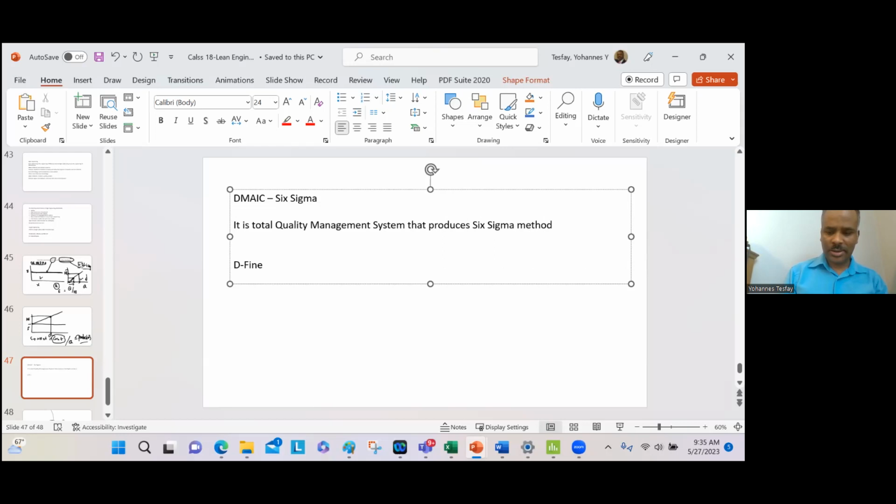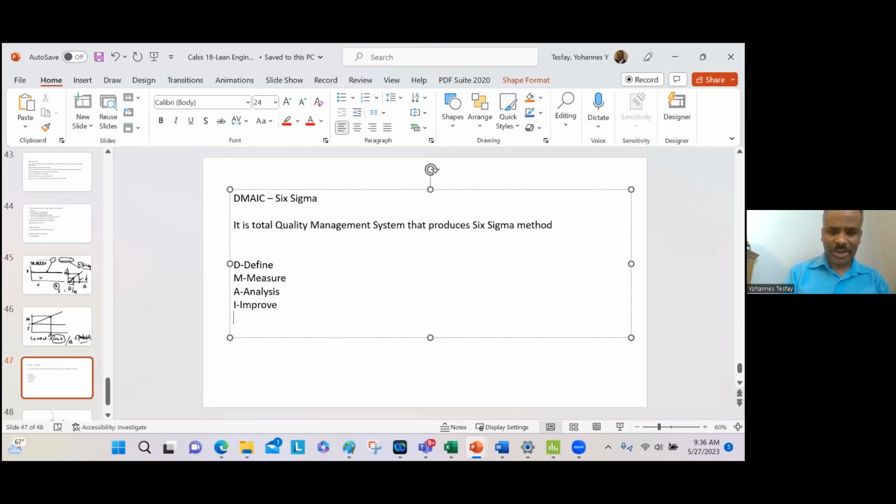So D is what? Defined. M is what? Measure. And A is analysis. I is improve.